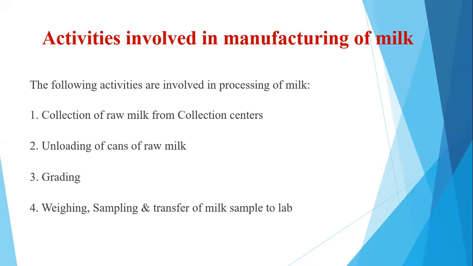Now these cans, once they reach from the district to the dairy, are unloaded by, say, the daily wage workers that are employed by the dairy, okay, and the laborers carrying the cans in the tempo.